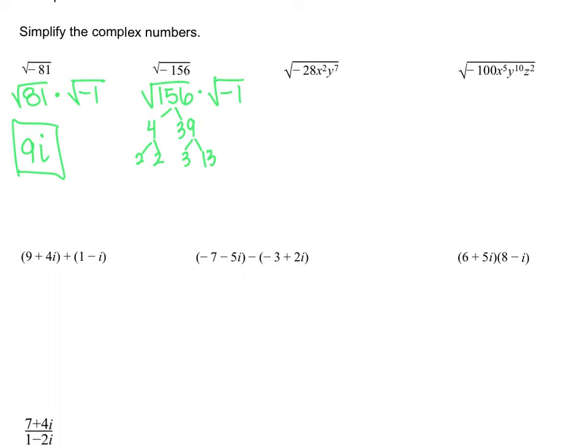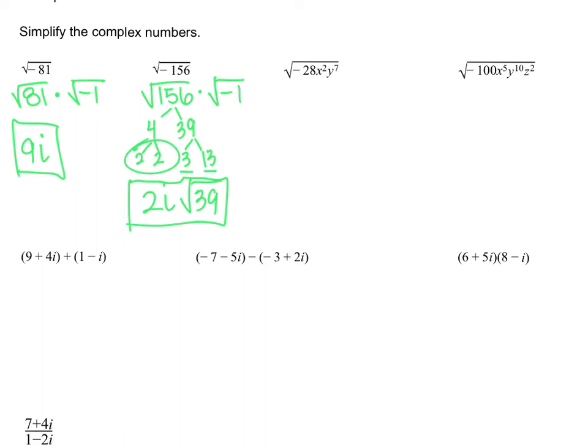Previously we talked about the fact that you can only bring out a value if it is a group of 2. So there is a group of 2's, so we have 2, and then we put the i that represents the square root of -1. And then underneath the radical, the 3 and the 13 are going to multiply back together to give us 39.